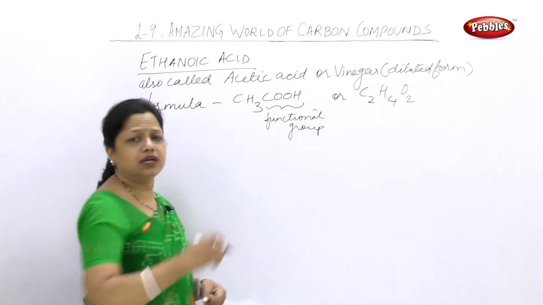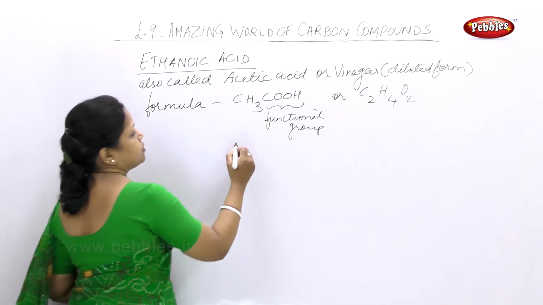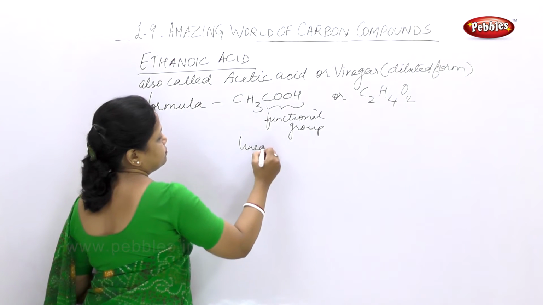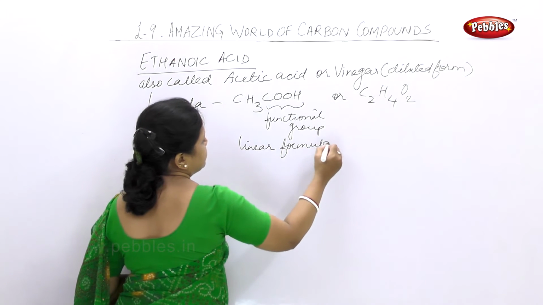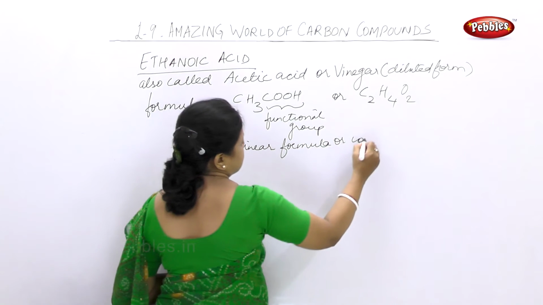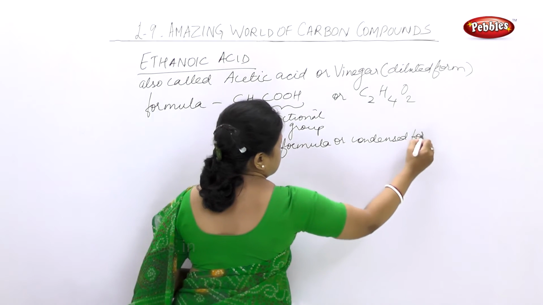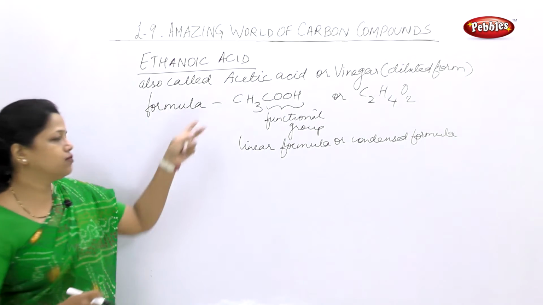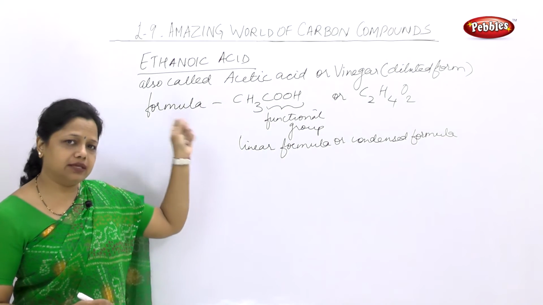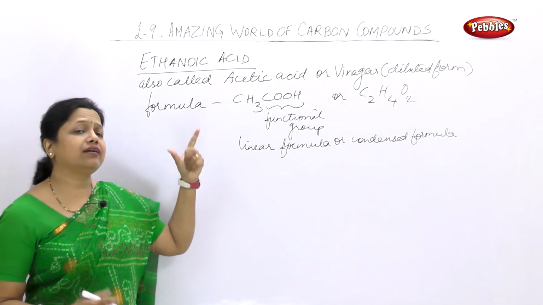So this is the general formula or the molecular formula, but this is the linear formula or condensed formula. This is the formula of ethanoic acid, CH3COOH. Now we all know where it is used.